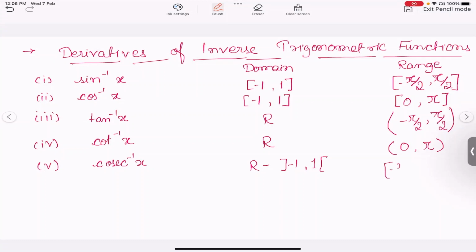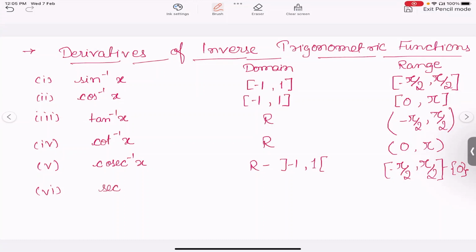The range will be minus pi by 2 to pi by 2, and 0 won't be there because the cosec x function does not have a value at 0.